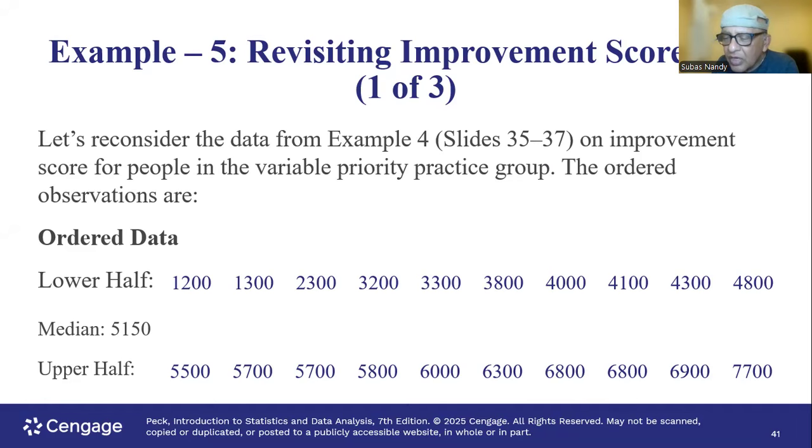Seems like I'm missing one number, so I will make sure. After 4800 is 5500, then 5700. Okay, what I missed is 5700 appears twice. So I re-enter it, 5700, then 5800 one time only, then 6000 one time, then 6300 one time, then 6800 one time, then 6800 one time, then 6900 one time, then 7700.